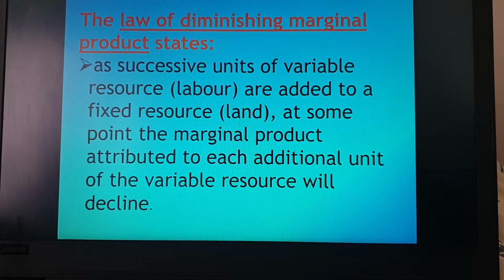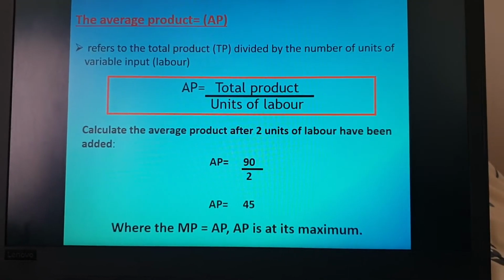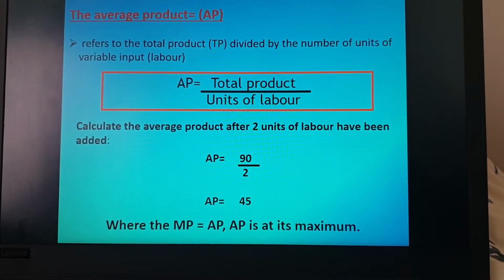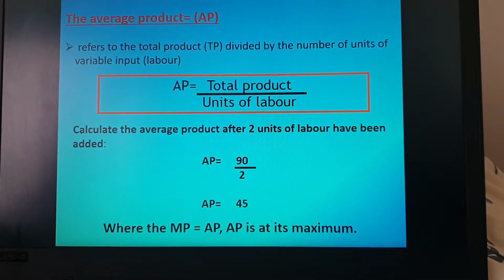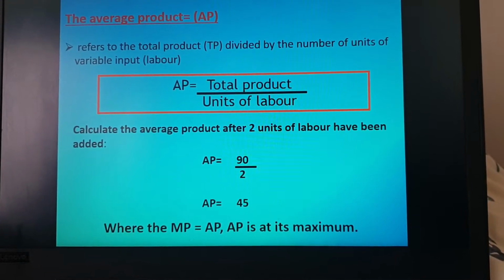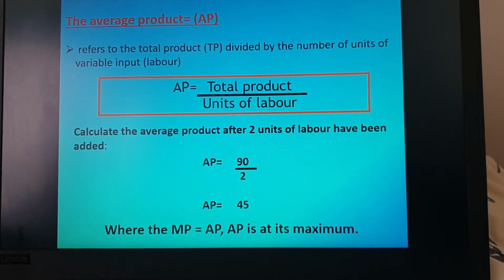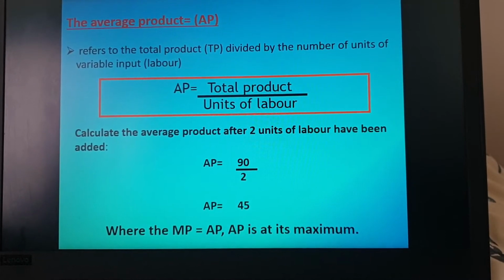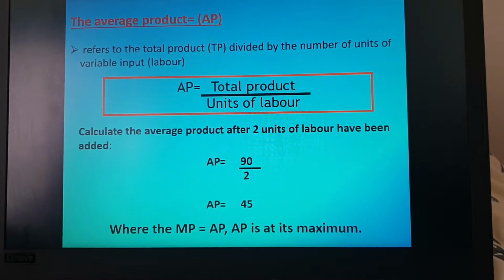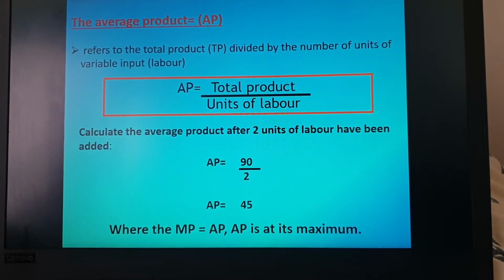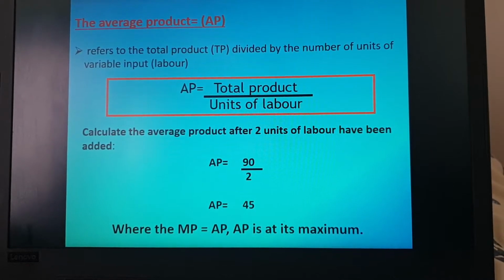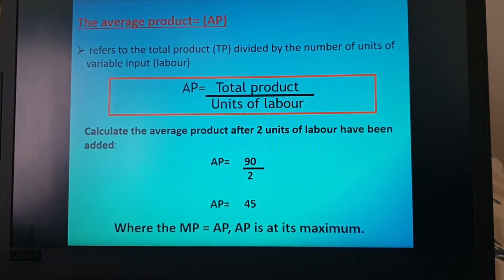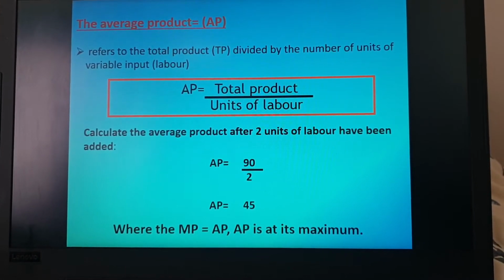Right, then the average product, AP, refers to the total product, TP, divided by the number of units of variable input, in other words, labor. So AP equals total product divided by units of labor. Calculate the average product after 2 units of labor have been added. We are still using that table from the previous 2 slides, if you go back 2 slides.